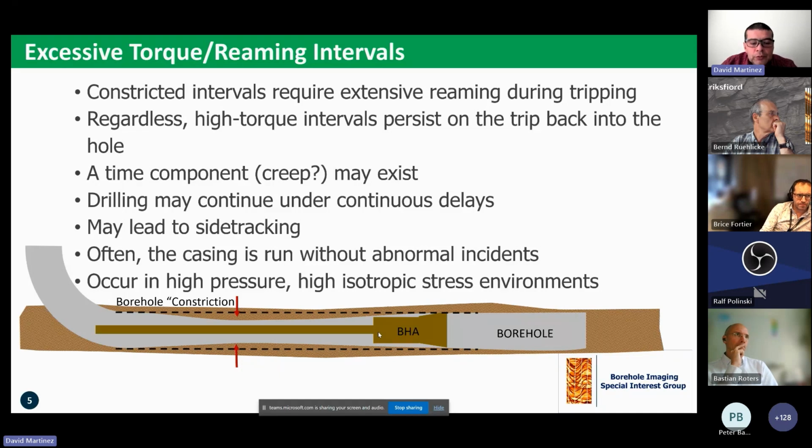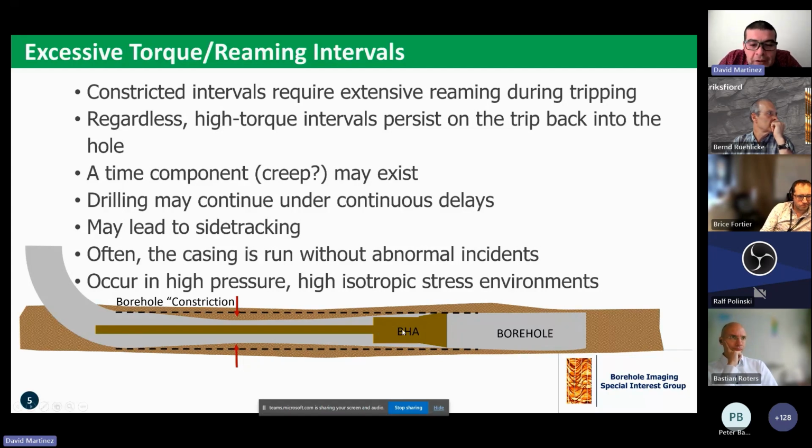So it's like you didn't even back ream the first time. Once again, usually you still can continue drilling, but you have to deal with the delays of back reaming all the time. And for that reason, they go on sidetrack.